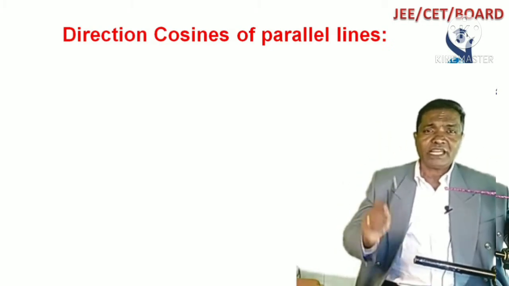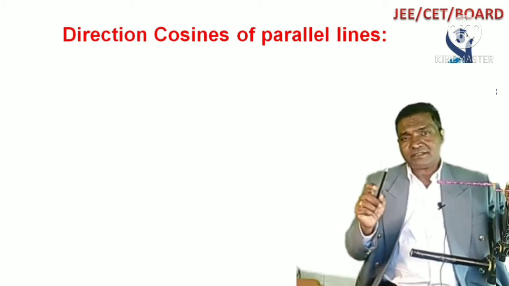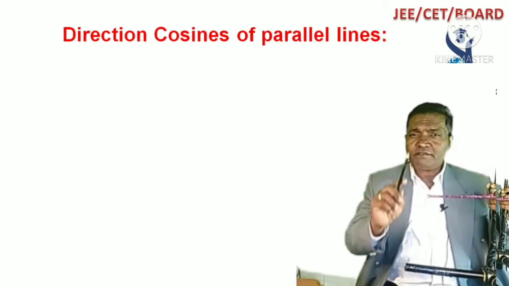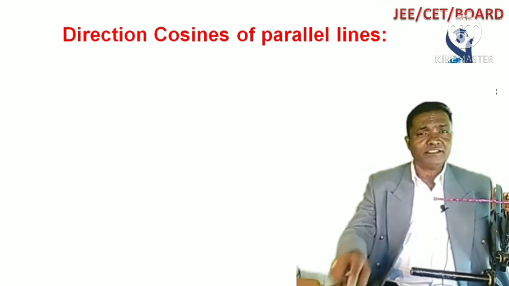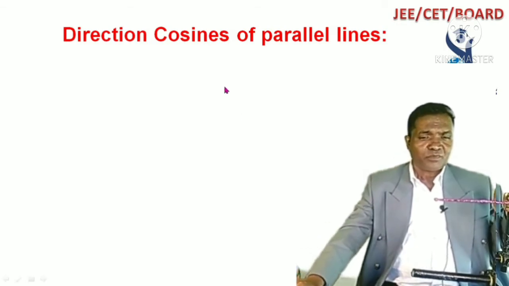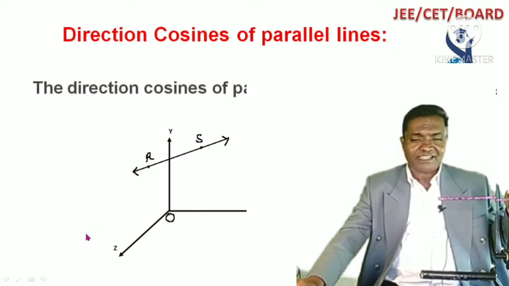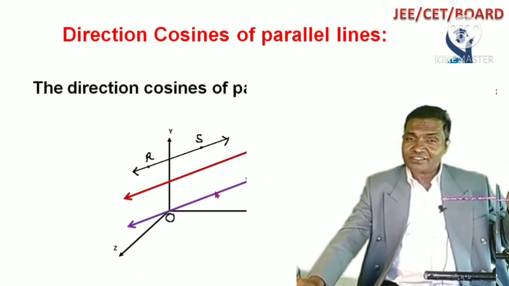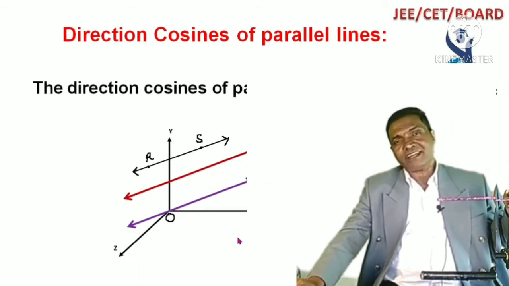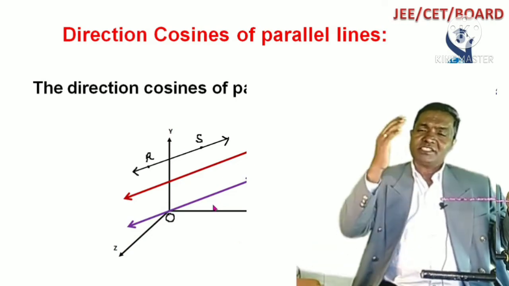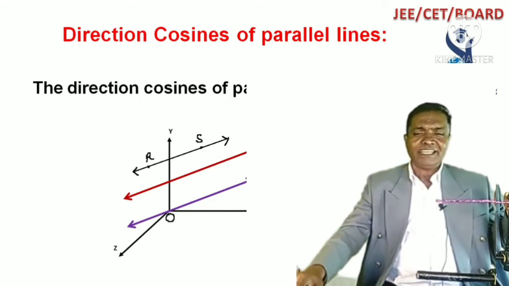So if two lines are parallel, their direction cosines are also the same. Very important thing to be noted. Here is the line RS, and there are two more lines parallel to each other, so the direction cosines of all three lines are equal.